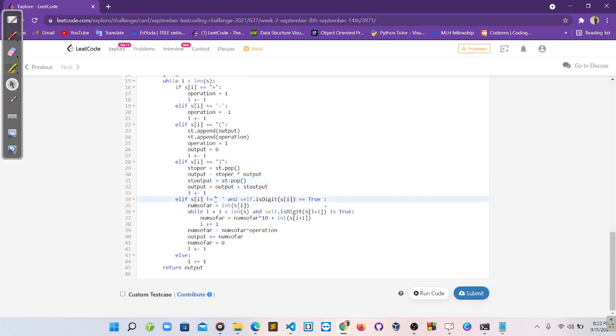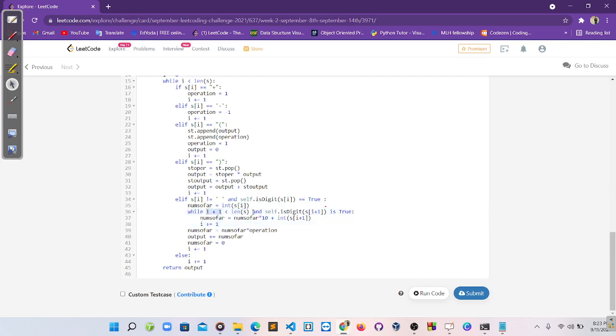And what is that thing? If this is not a space and the character is a digit, what we do is this: this is a number so far, and in that we are checking whether the digit is a single digit or a consecutive one. So we are checking for the next.